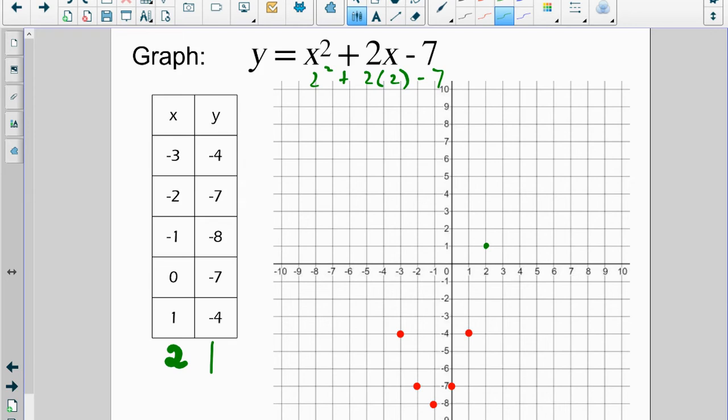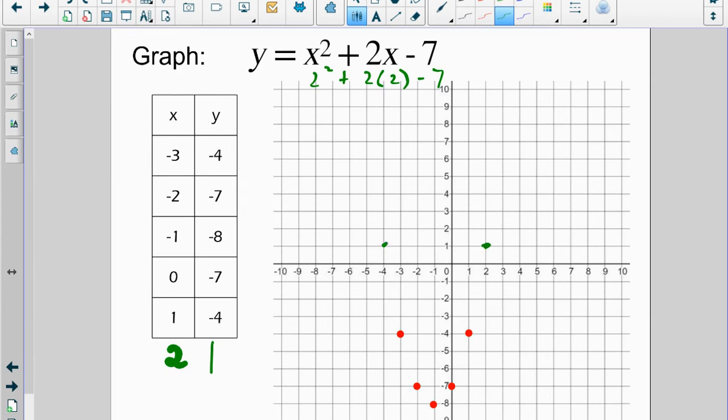And I think, if we remember from a previous lesson, we have symmetry. If our vertex is down there at the lowest point, negative 8, I know that I went to the right of this red dot and up to that level. I can go to the left of this last red dot and up to that same level. I'm going to have that symmetry.